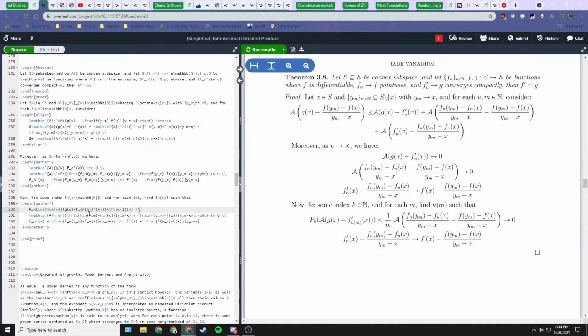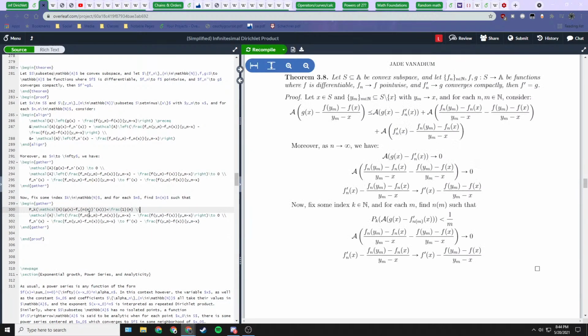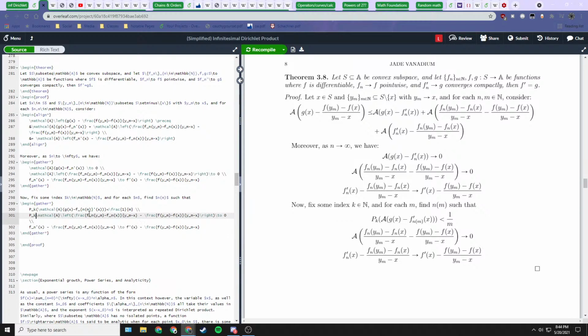So this projection will be less than 1 over m, and this projection will be less than 1 over m, and in each of these we have n now as a function. So we'll replace that in here. That'll be there, and there. That's fine.